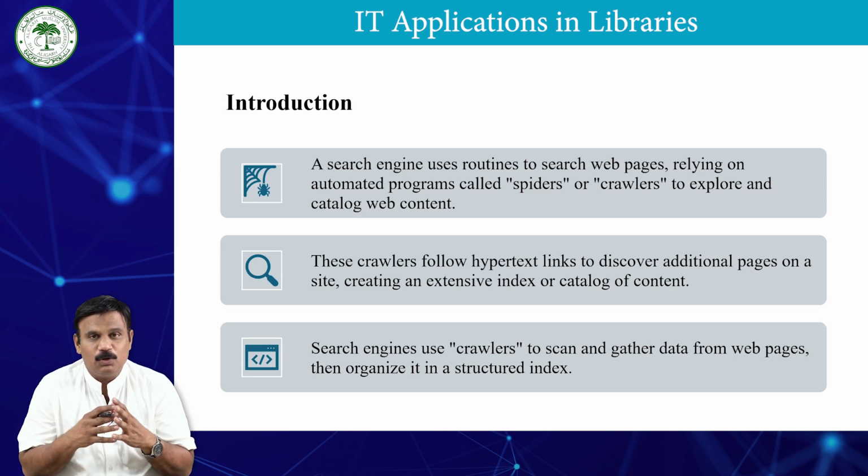While you are searching Google or any other search engine, you will find ranked content. That means some content is at the top and some content will be at the bottom. So these search engines use routines to search web pages, relying on automated programs called spiders or crawlers that explore and catalog the web content.